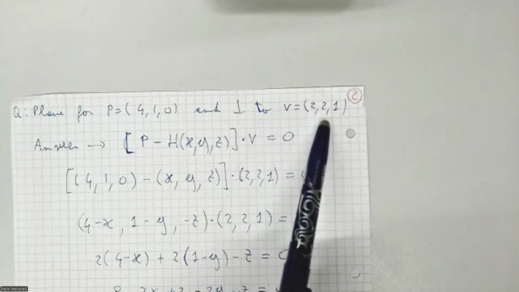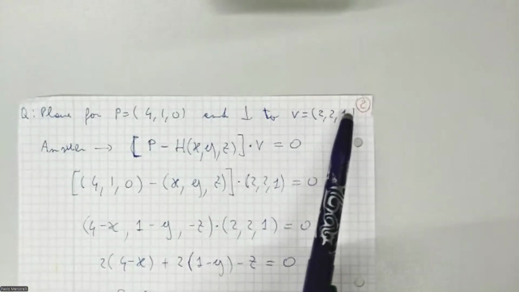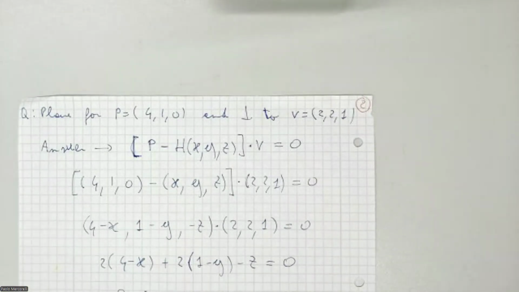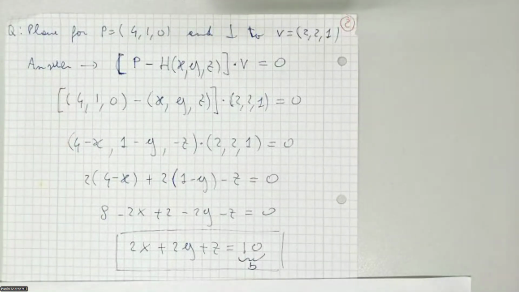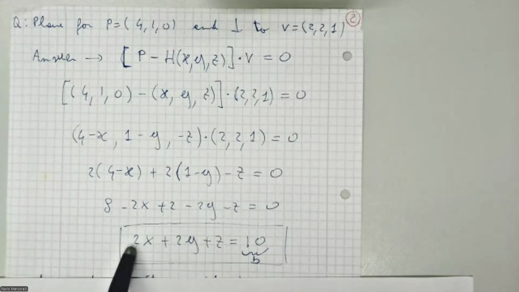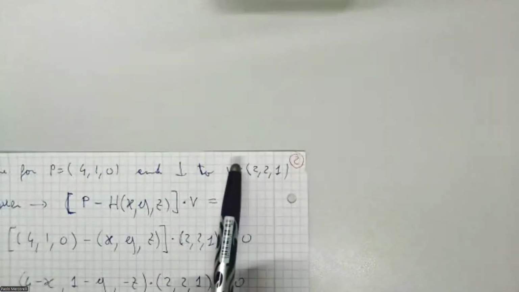Look at this: 2, 2, 1. I will come back to the line. We can see very well the meaning. The meaning is that these coefficients here are exactly the same as here.